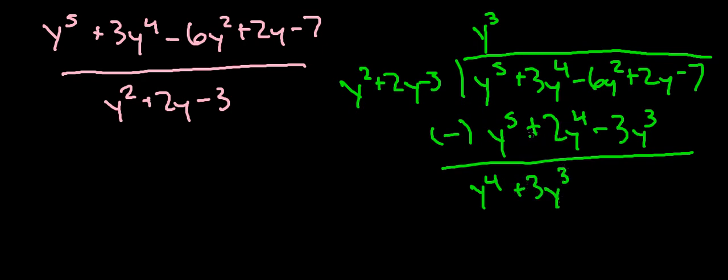And again, if you'd rather write in here, let's do a different color. If you prefer, you can write in here 0y cubed. If you like to have something as a placeholder, some people prefer that.